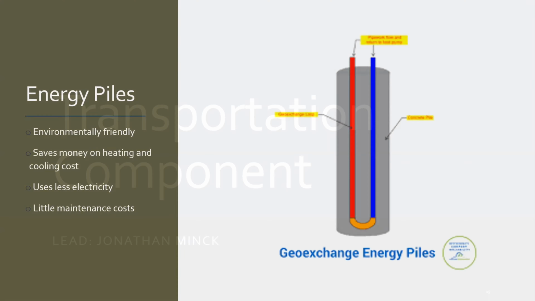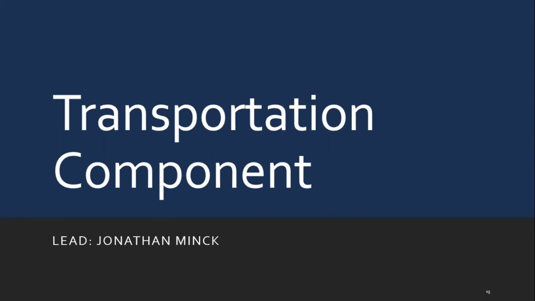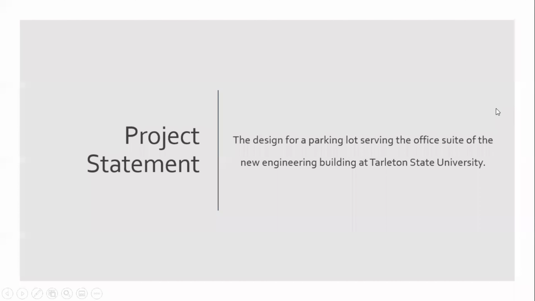Thank you. Hi, my name is Jonathan Mink, and I will be doing the transportation component portion of the project. The design will be for a parking lot serving the office suite of the new engineering building at Tarleton State University.